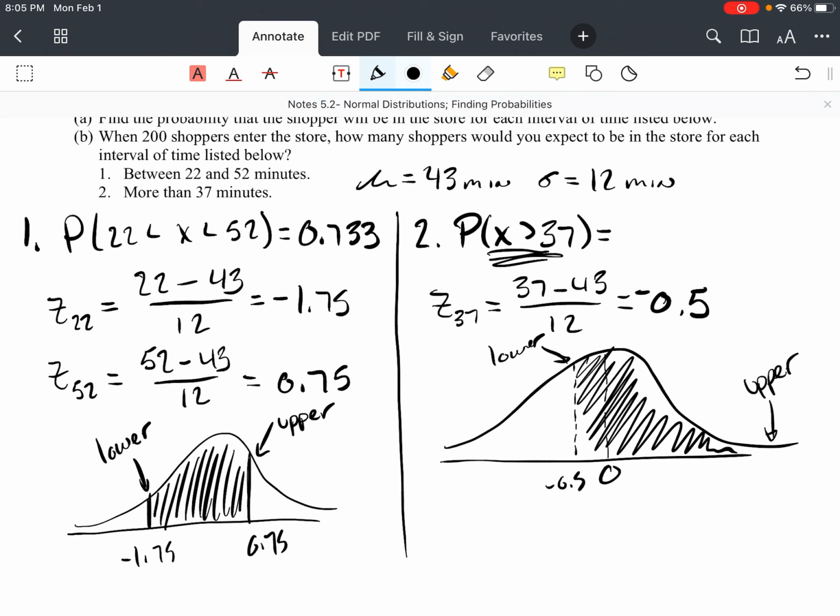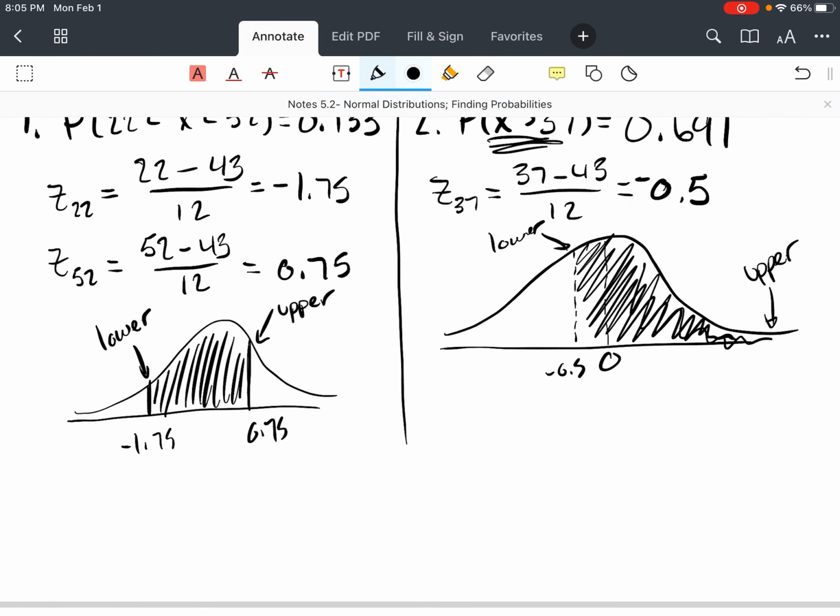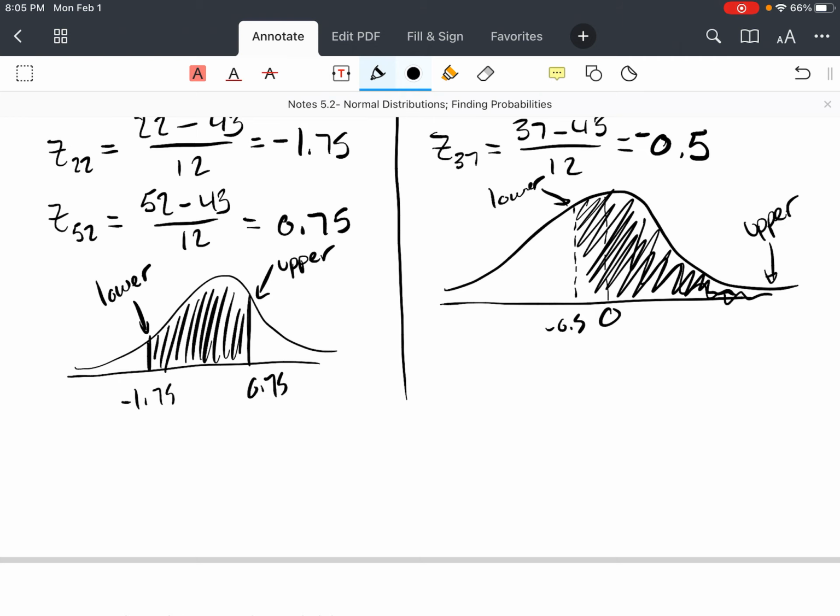Your upper would be some really, really big number, because it's the never-ending shaded area. When we type that into our calculator using normal CDF, you get an area of approximately 0.691, or the probability of somebody spending more than 37 minutes in the store is about a 69.1% chance.